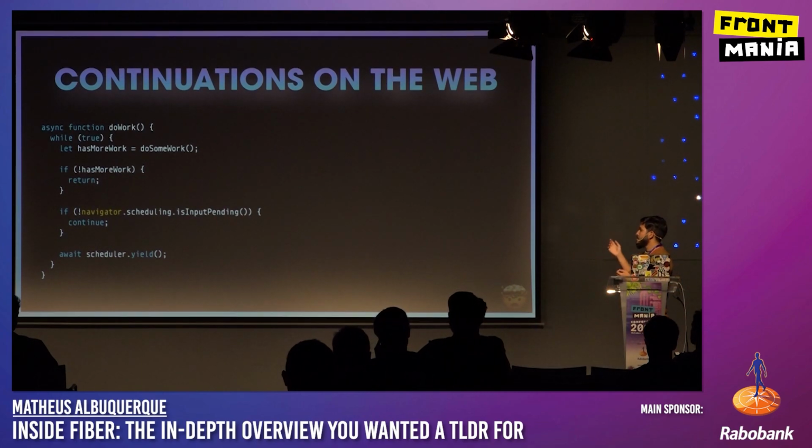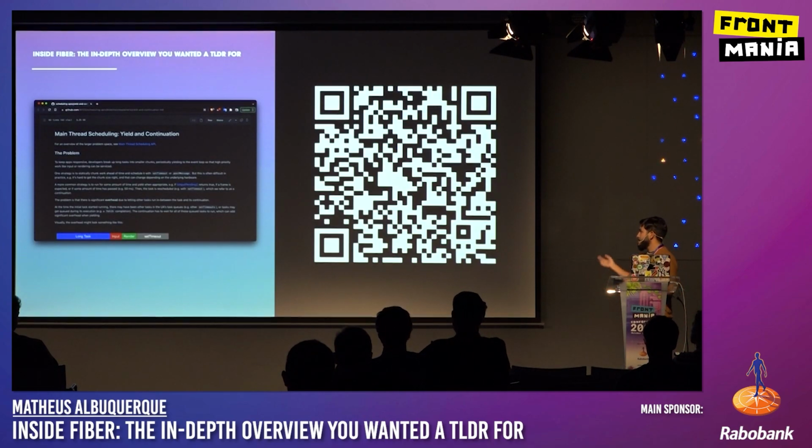We can, for example, yield execution back to the event loop, and then detect if there's any input pending to be processed. And if not, we can continue processing. I would definitely recommend that you check out this whole new scheduler API. Some parts of it are implemented already, and people are actually using that in production.